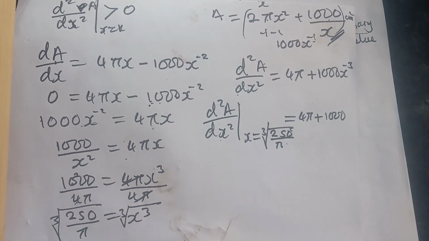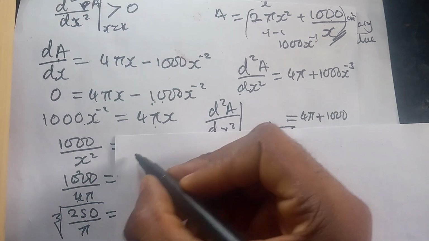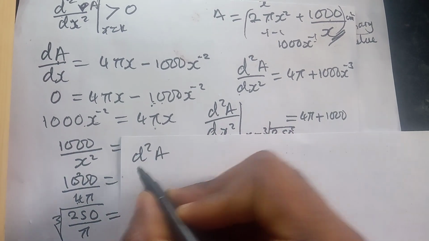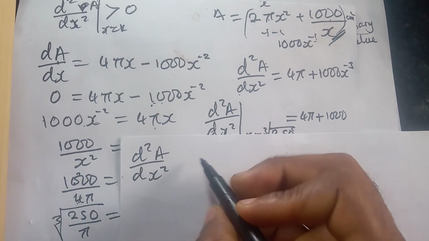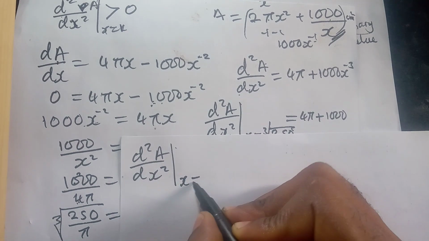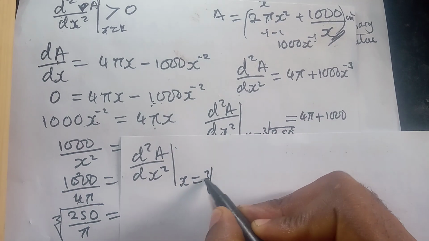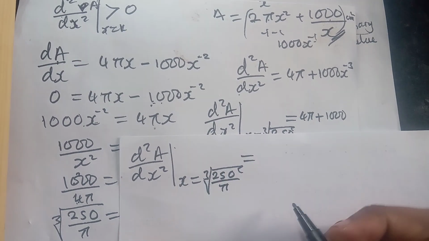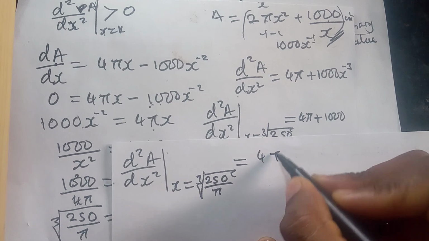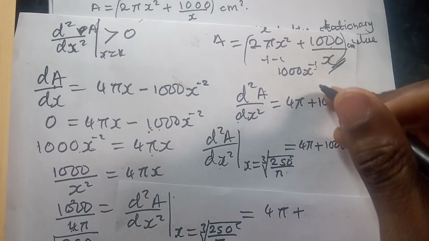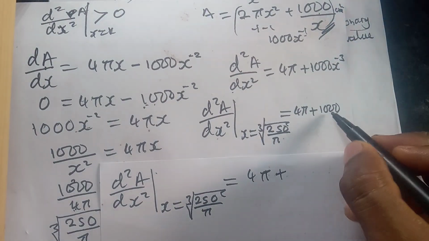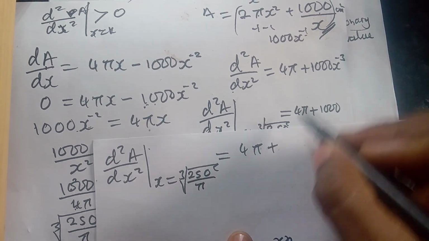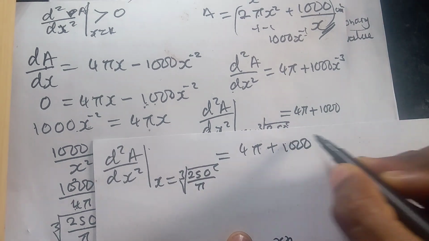Okay, I have run out of space. Let me just write it here. So the d2A/dx2 at the point where x is equal to the cube root of 250 over pi will be 4 pi plus 1000.